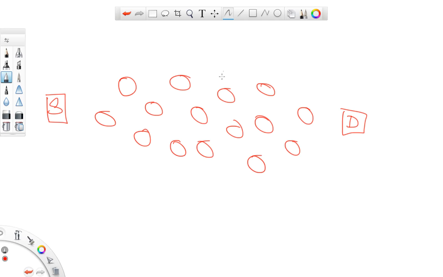But it could be possible that among these two routes, they're both having 7 hops, right? But among these two routes, one of them could have less delay than the other one. So in this case, if our aim is that we are minimizing the delay, then we would choose this route. So this is how it works.